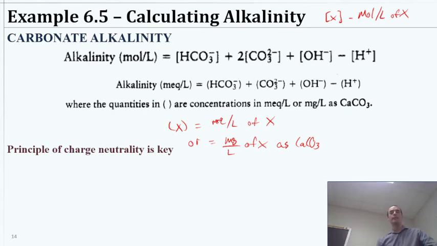So both of these cases normalize for charge. And so when we're describing alkalinity here, we could put it in these little brackets and say, okay, the parentheses of alkalinity is the milliequivalents per liter of bicarbonate plus the milliequivalents per liter of carbonate plus the milliequivalents per liter of OH minus and H plus, right?